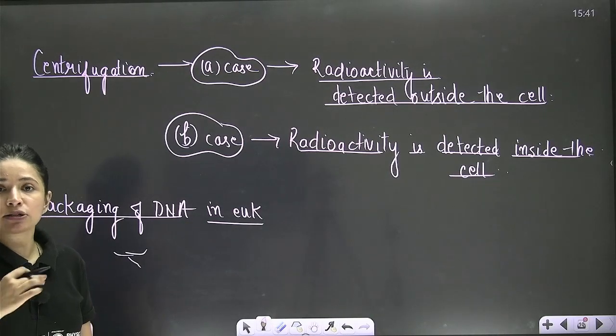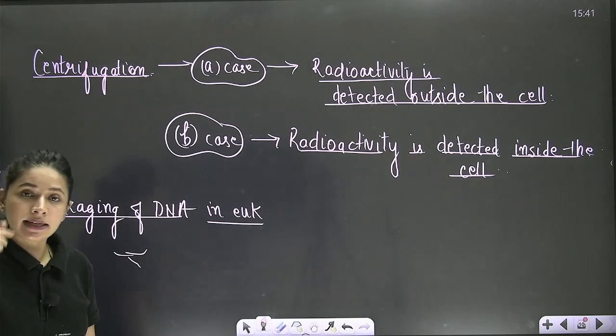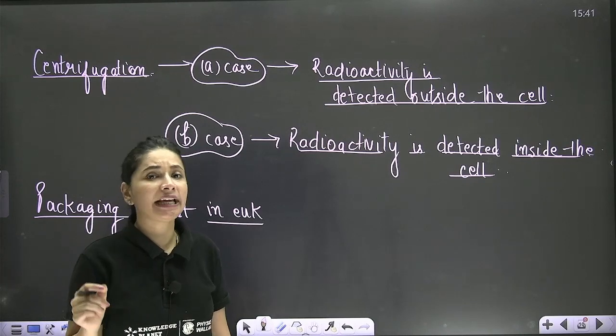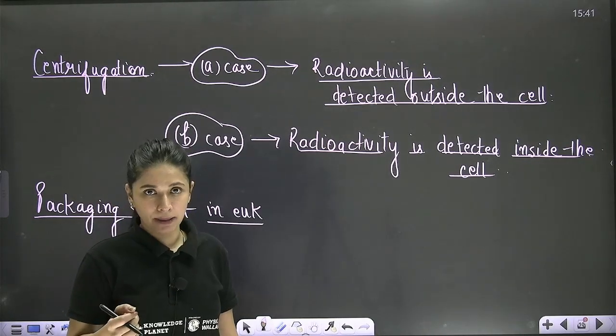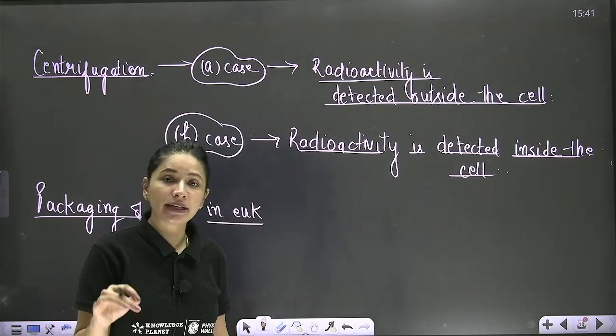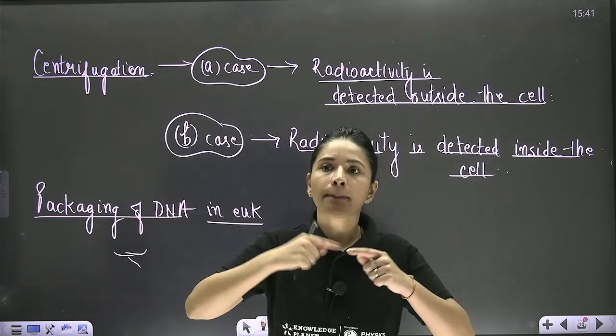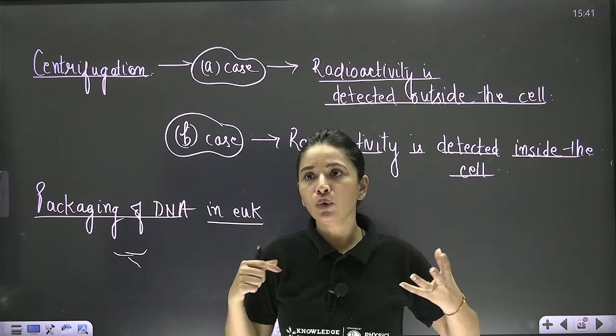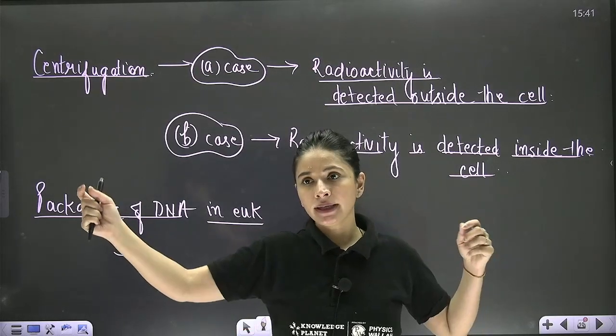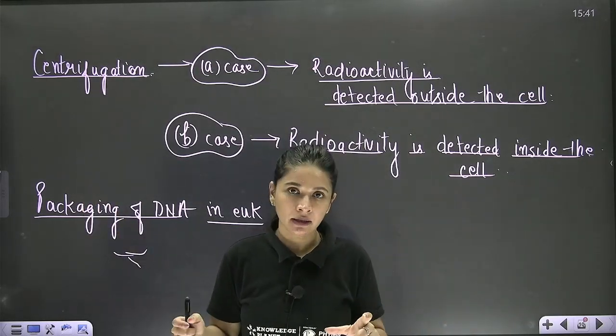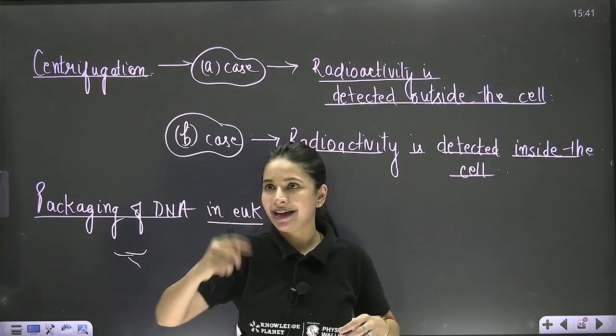Because DNA is too long and the cell inside which it has to be kept is very, very small, microscopic. So how will such a long DNA fit inside such a microscopic cell? Of course, when you package it, like wool: if it is open, it is difficult to keep inside the cupboard. Otherwise, all the threads will go here and there.